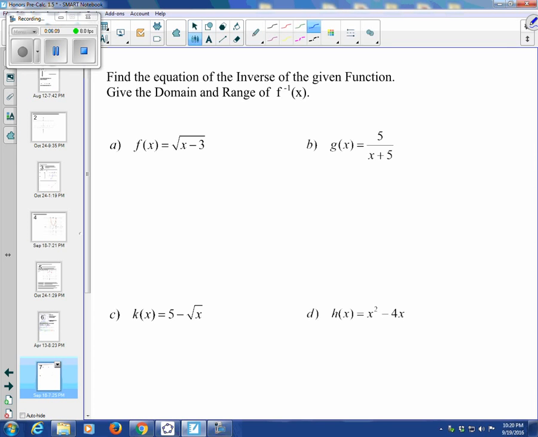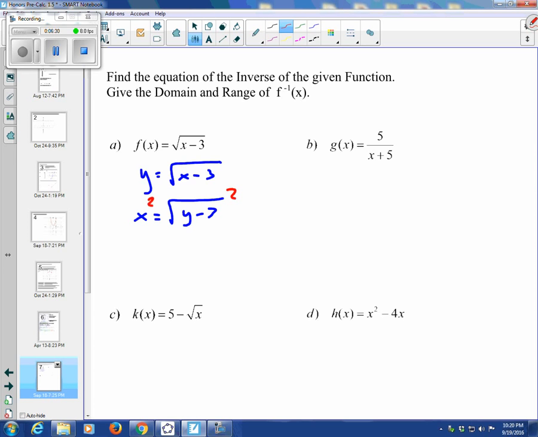So right here, if I have f of x equals the square root of x minus 3, then finding my inverse, I would have y equals the square root of x minus 3, and then this would be x equals the square root of y minus 3, and now I solve for y.